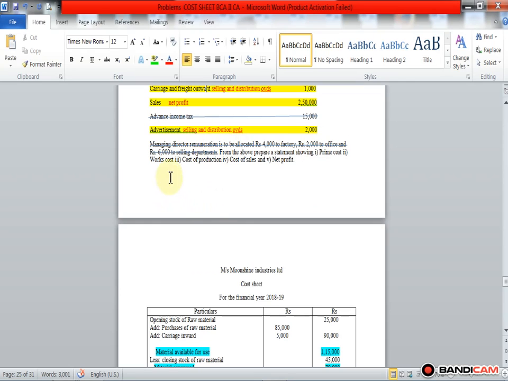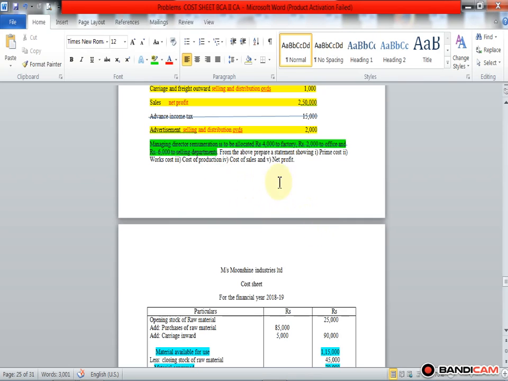Here managing director remuneration is not taken into consideration, so this adjustment is given for your confusion. Okay, so don't get confused by this adjustment. We ignore this item, so there is no effect of this adjustment on cost sheet.